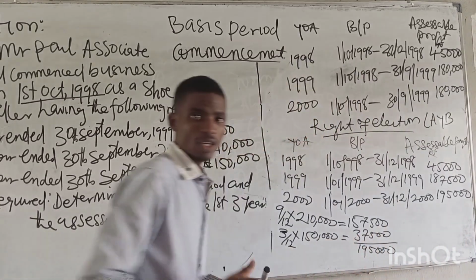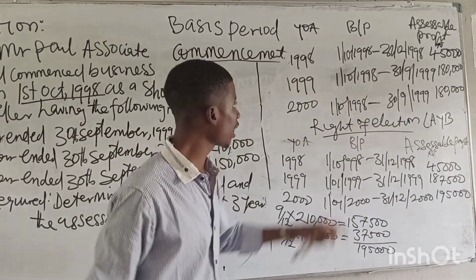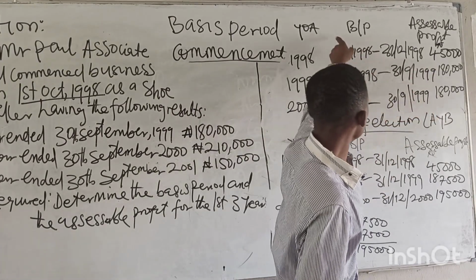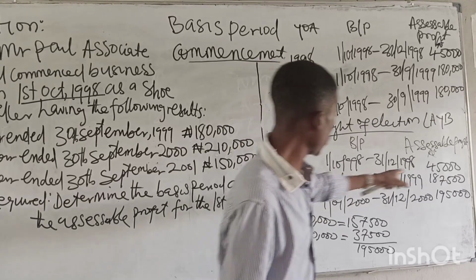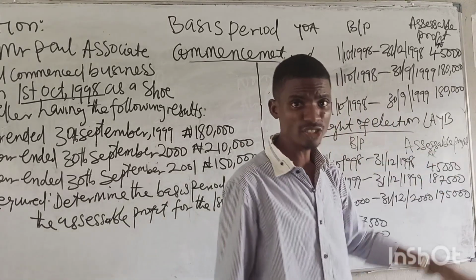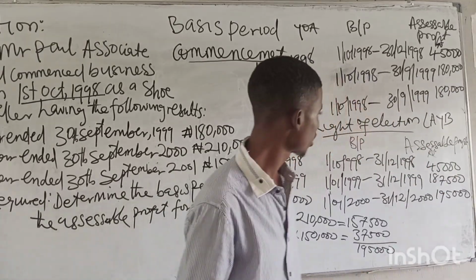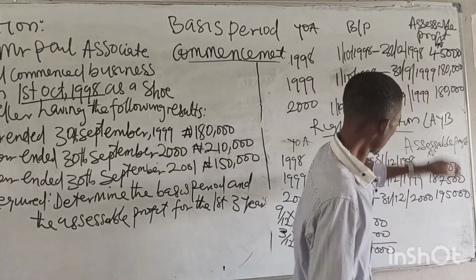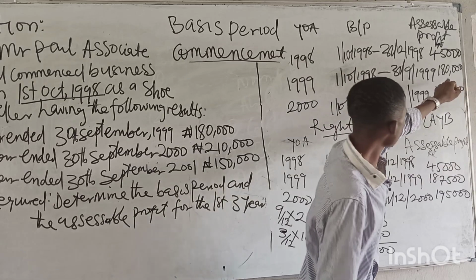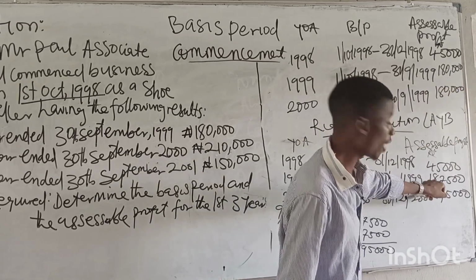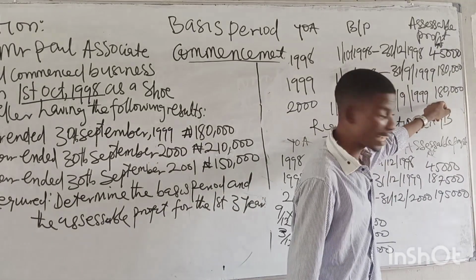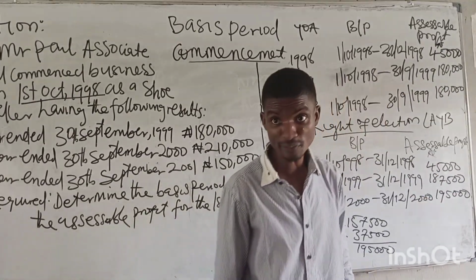So now the taxpayer will look at the assessable profit under normal basis period and the assessable profit under right of election, and then make his decision. You can see that under normal basis period we have 45,000, we also have 45,000, we have 180,000 here, here we have 187,500. So here is higher. Here we have 180,000 and here we have 195,000.